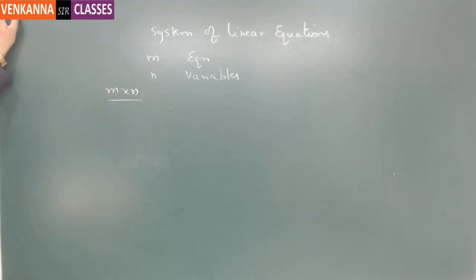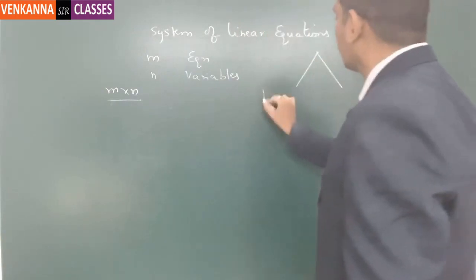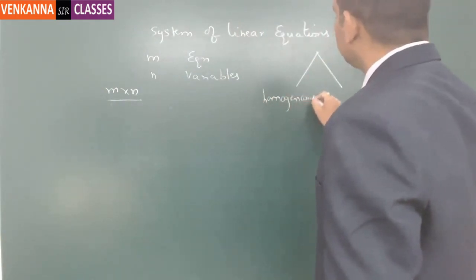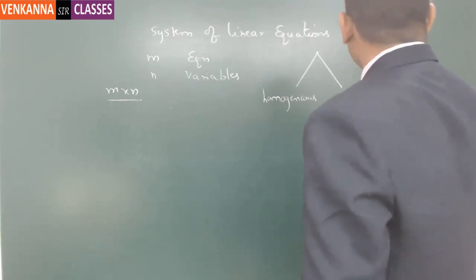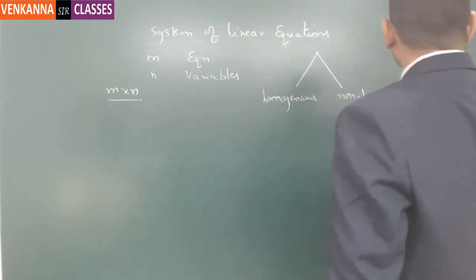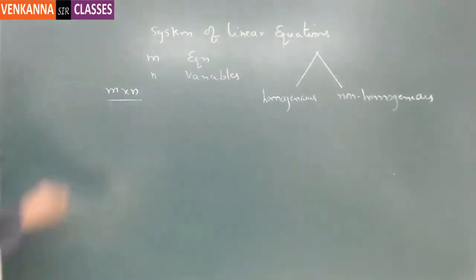So the main part of system of equations will be classified into two types: homogeneous system and a non-homogeneous system. So let us take a small example that is already known to you.